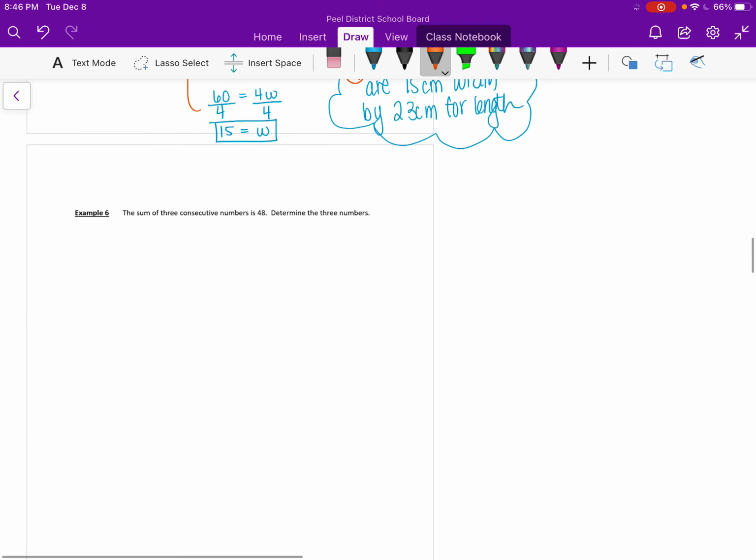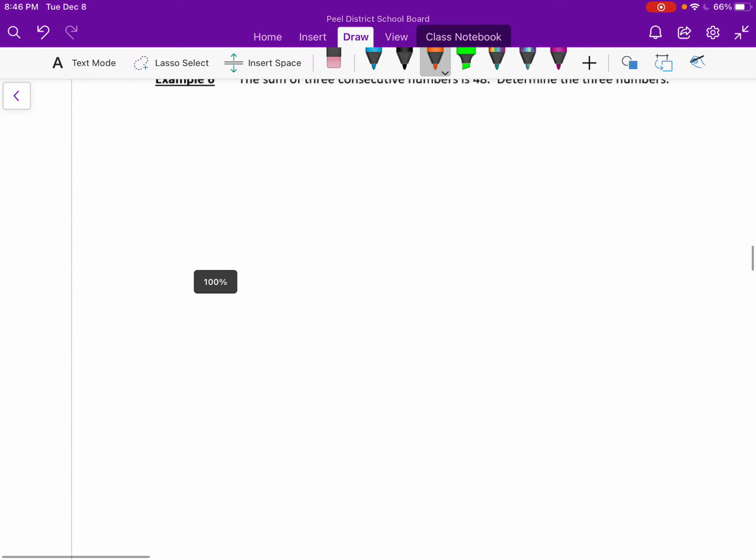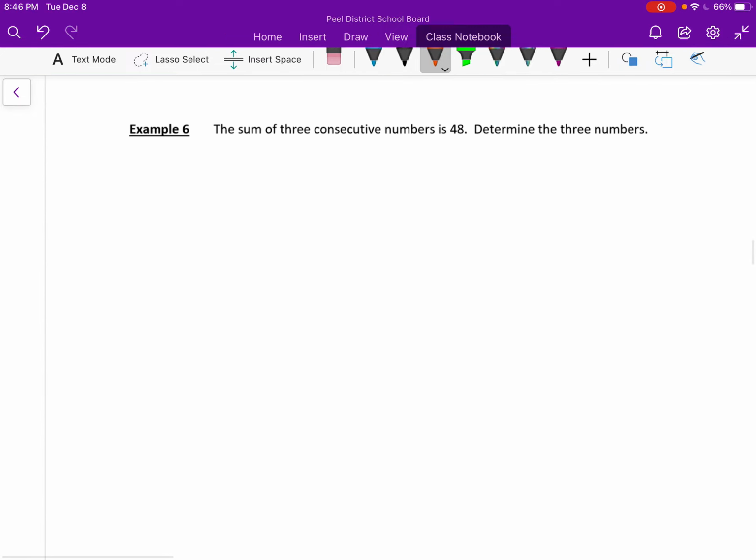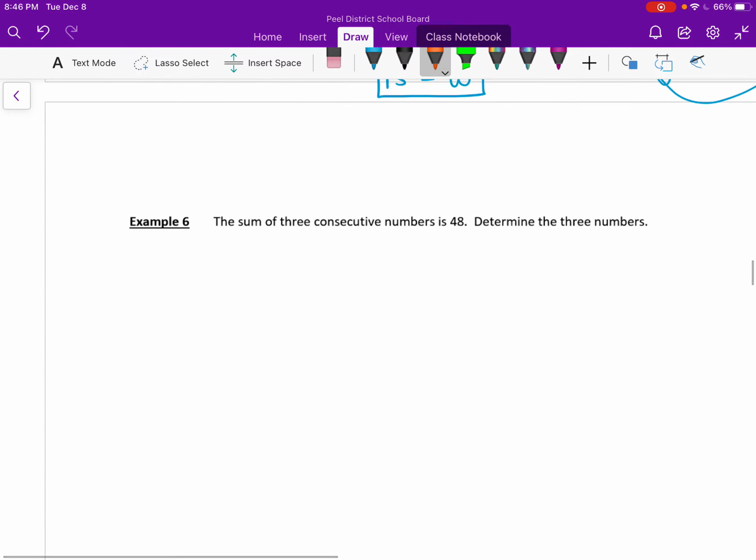Okay? Gonna go through example 6 with you. It says the sum, so if we have the sum, we know we must be adding. Of 3 consecutive numbers is 48. This consecutive numbers will be important. Determine the 3 numbers.